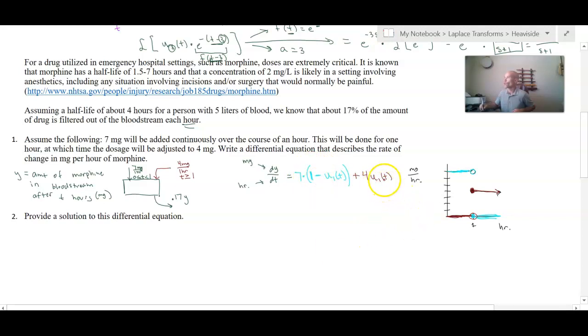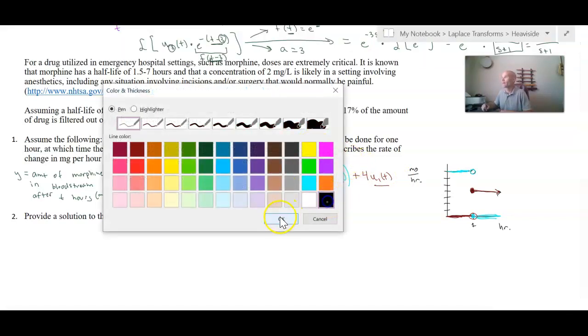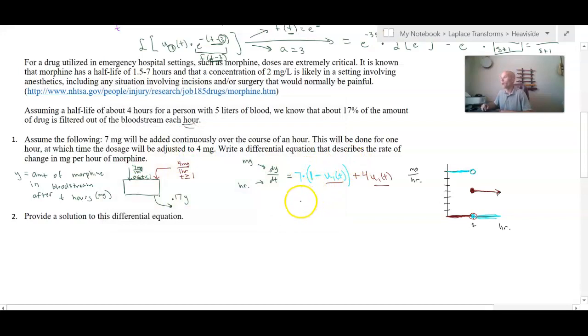And then u1 turns into a 1, but because we did the 1 minus, this is going to give us a 0 for time greater than or equal to 1, but 4 times positive 1 will give us 4. And then finally, I am going to subtract away the outflow rate, which is 0.17y.